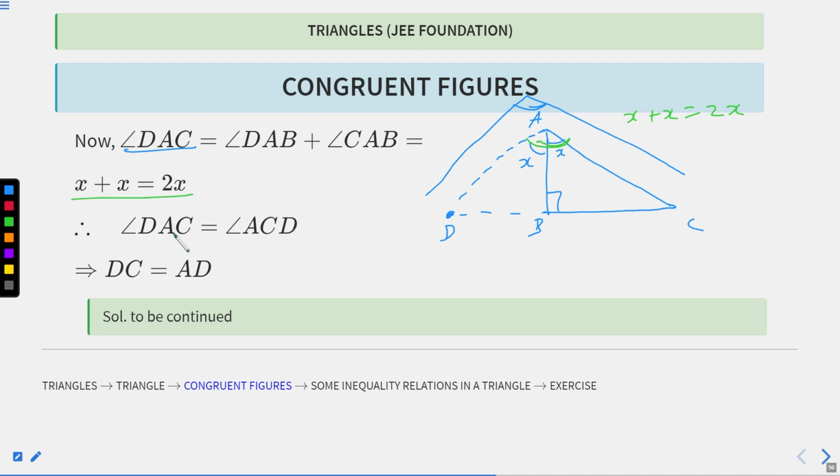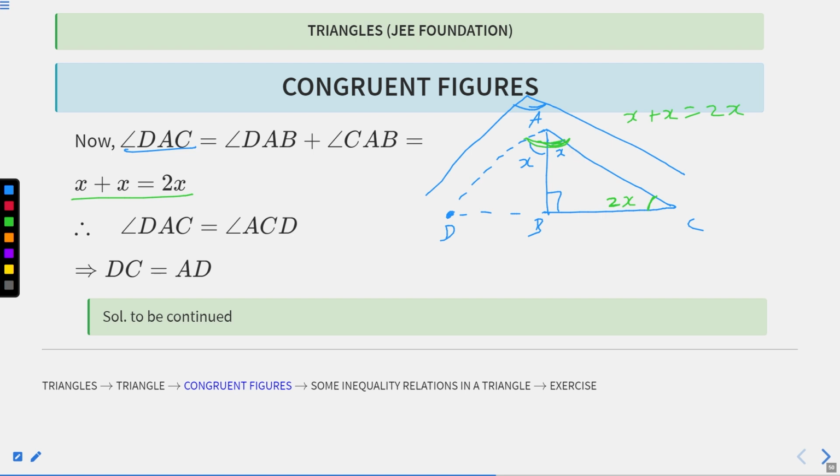And angle DAC is equal to angle ACD. So this angle over here was also 2x if you recall.